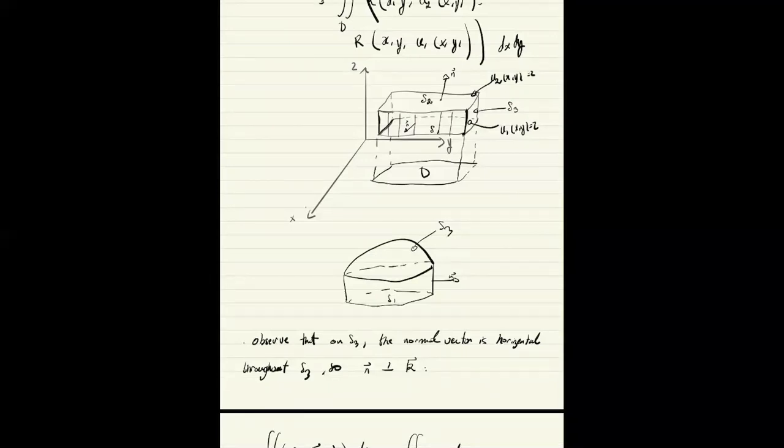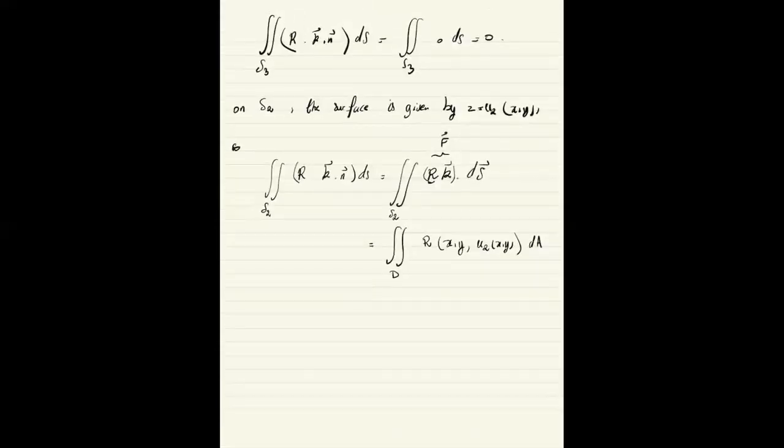Now, if you use the same formula on S1, it will give you the positive component. And here's the tricky part. This is okay for S2, right? This is the formula for S2. You integrate, we're done.